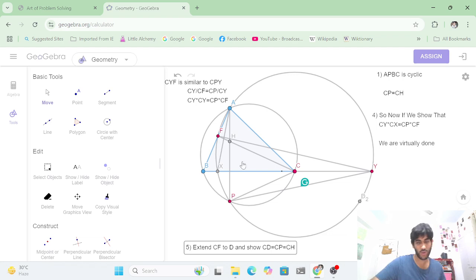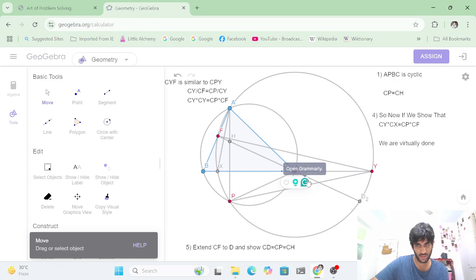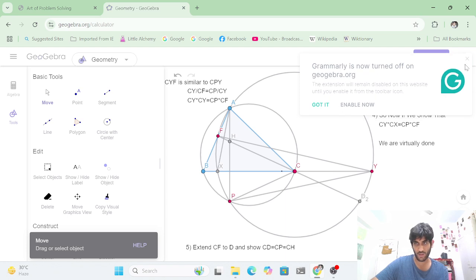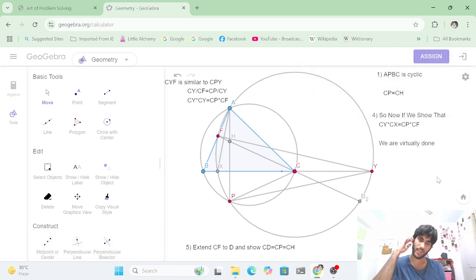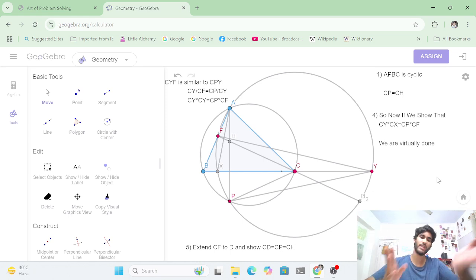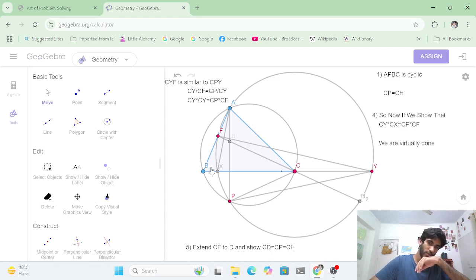And what this extension gives us quite naturally is that CD into CF is equal to CX into CY. I repeat, CF. So now what I want to do is equate CD with CH, or with CP. If I do that, I'm done.